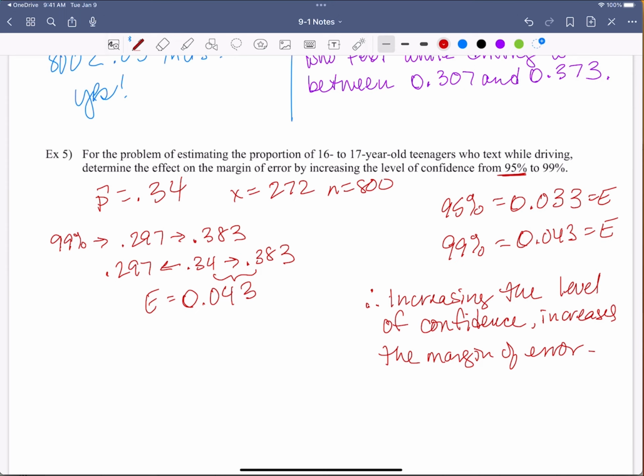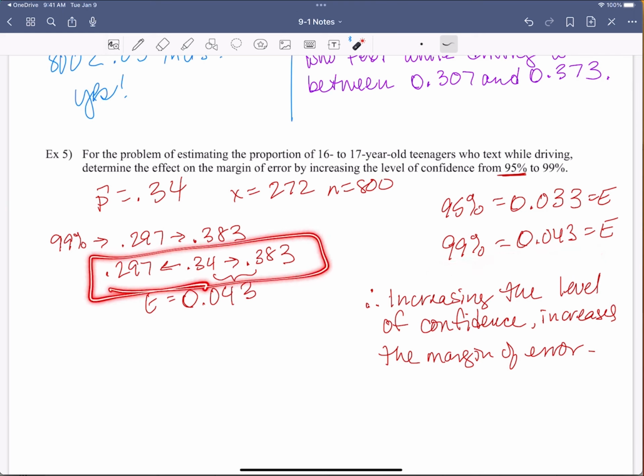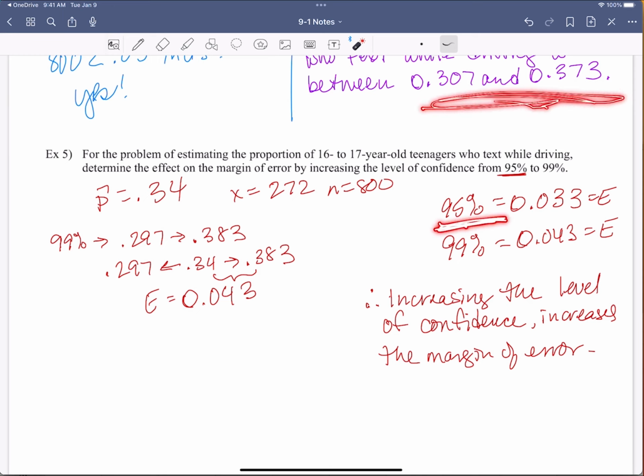So check it out. If I am 99% confident, so I'm almost completely confident, right? I am 99% confident that my population parameter, right? My information about the population, my parameter is within this interval, then I'm going to have to widen that out because I have to be 99% confident. If I'm not quite as confident, but pretty good, then I can narrow this down a little bit tighter, because I'm only 95% confident.